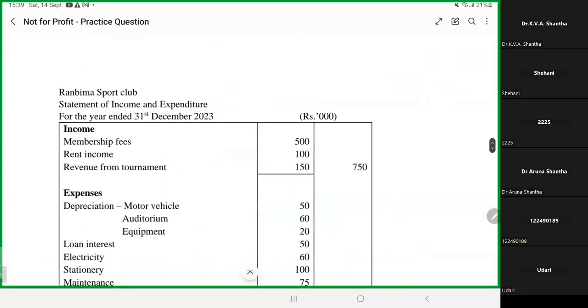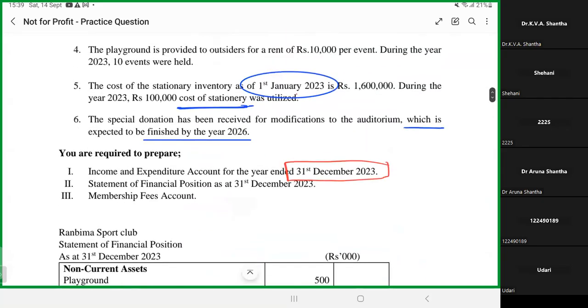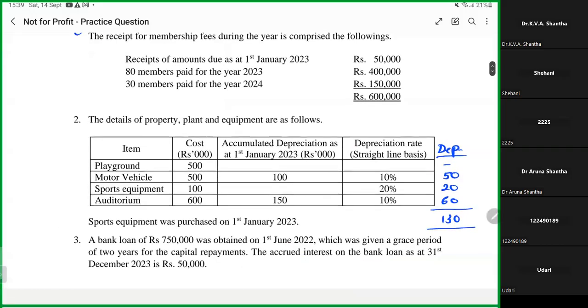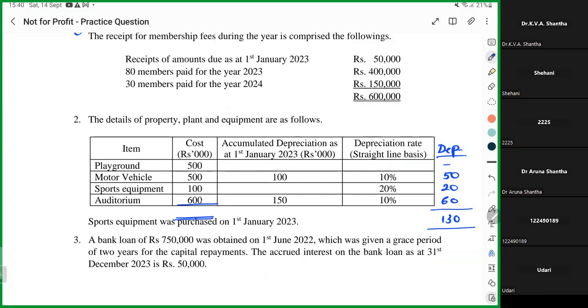You see, we have property, plant, and equipment here. How much carrying value? Total cost 1,700. Accumulated depreciation at the beginning only 250. Depreciation during the year 130.